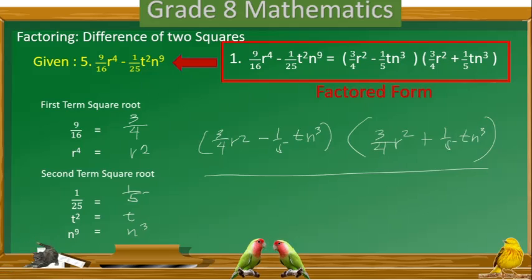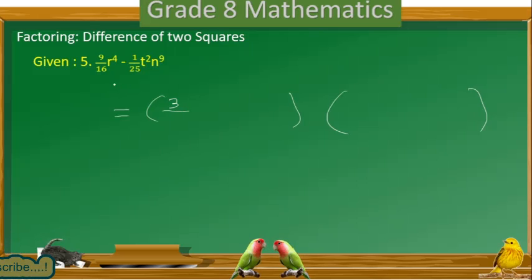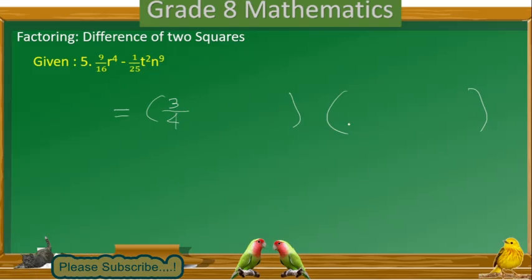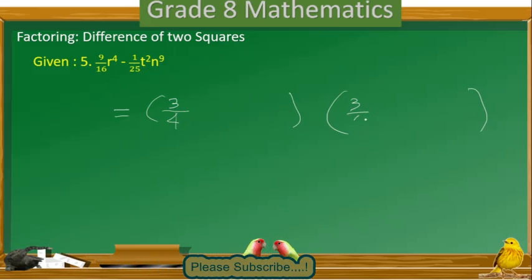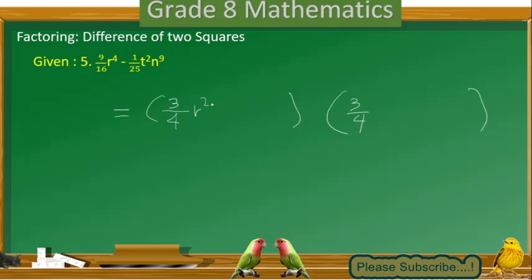And next is to solve it without making the detail. So we'll just write 2 parentheses. So 9 over 16, we'll just find the square root of 9, 3. Square root of 16, that is 4. Then we'll write also here 3/4. Then square root of r to the 4th, that is r squared.